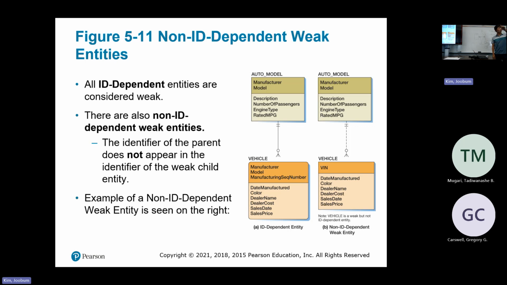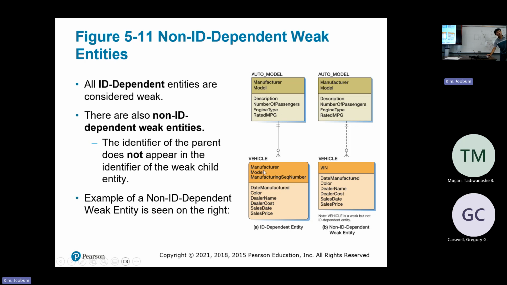And then based on the pickup truck data model, we can make a variation, F-150, F-250, F-350, and so on and so on. So the specific vehicle belongs to the concept model. That's why this is a weak entity.